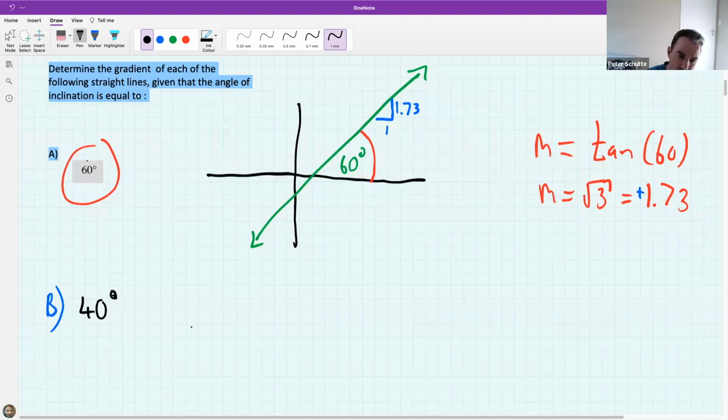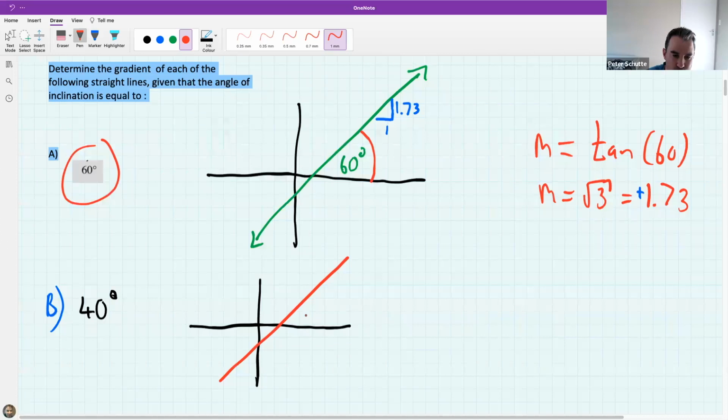So I want you to work out for me what the gradient is of a straight line with an angle of inclination of 40 degrees. Maybe I've drawn it a little bit too steep. It should probably be flatter here, something like that.